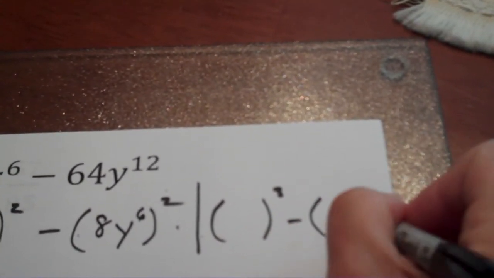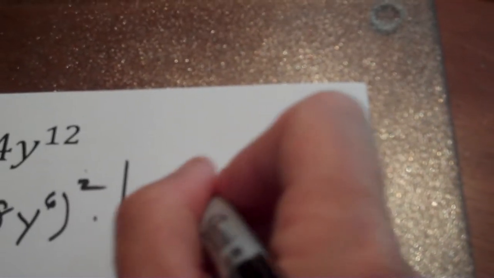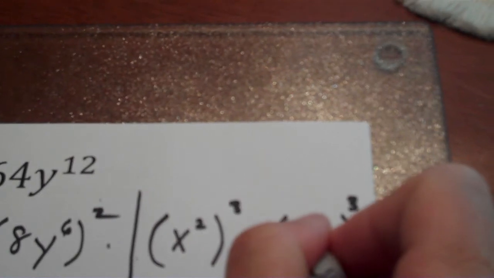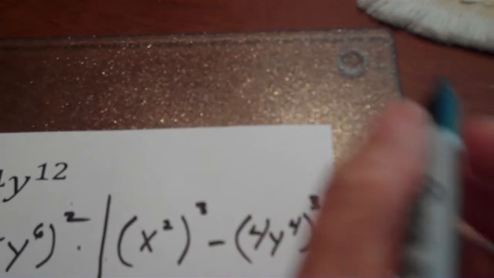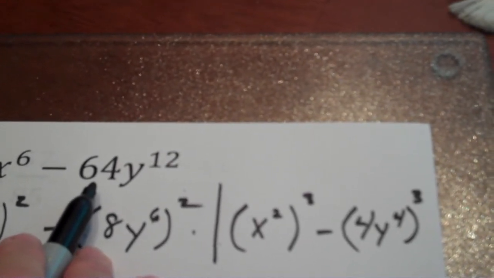I could think of this as the difference of cubes. This could be x squared cubed is the same as x to the sixth, and 4y to the fourth cubed would be the same as 64y to the 12th.